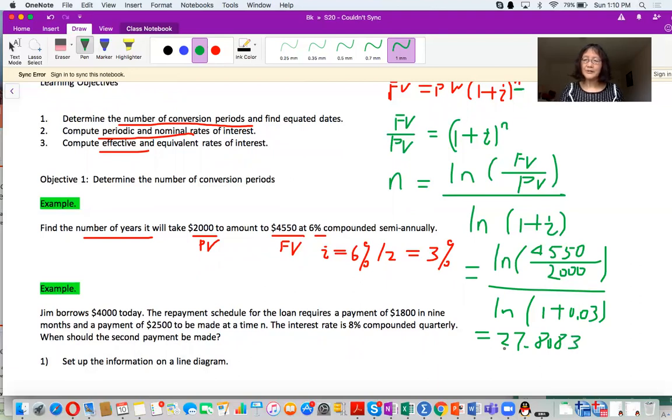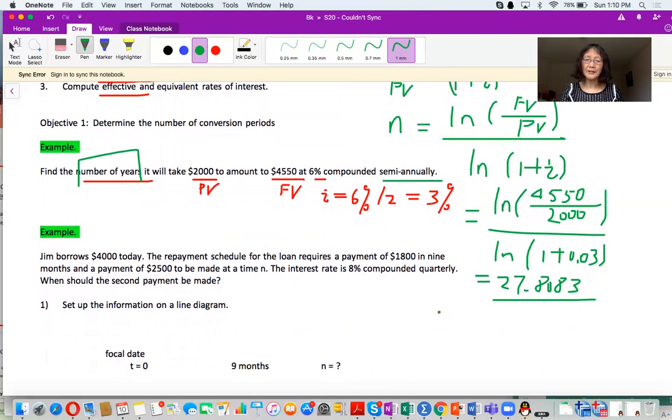And remember this 27.8083 represents how many compounding periods. So it is compounded semi-annually, but the question asks you for the number of years. Each period is every half year.